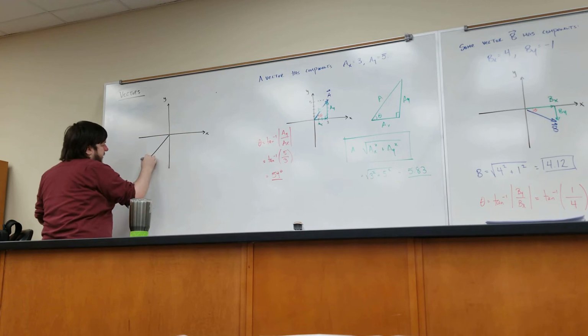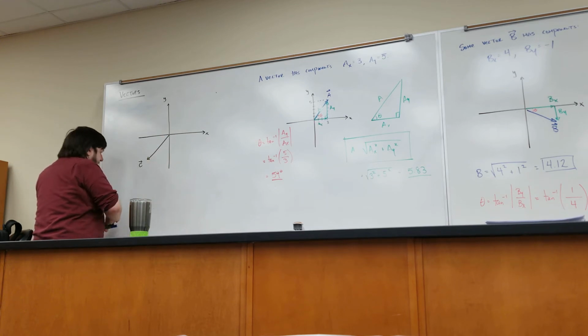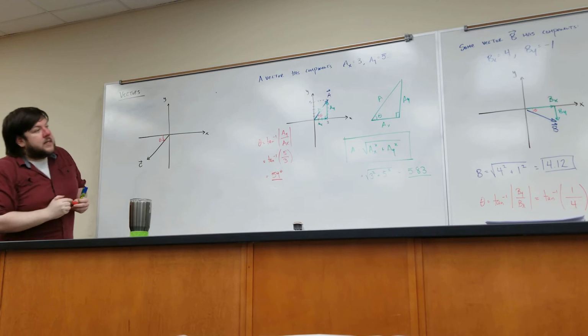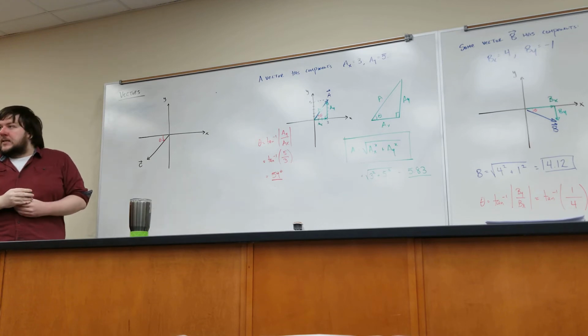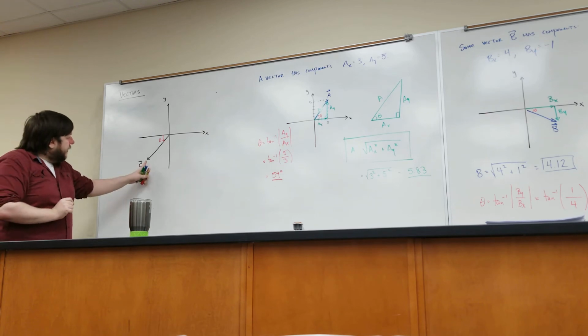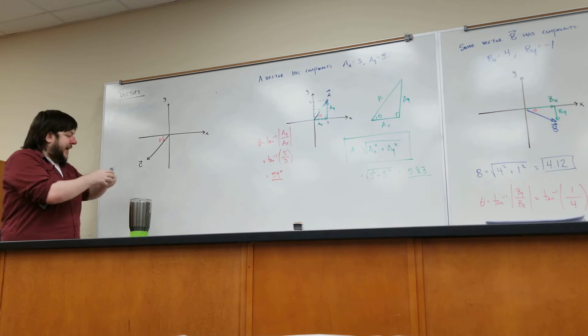So this is vector C, and we know that our answer here, theta, is 56.3 degrees. Mastering Physics might ask you to give the direction of C measured counterclockwise from the x-axis.